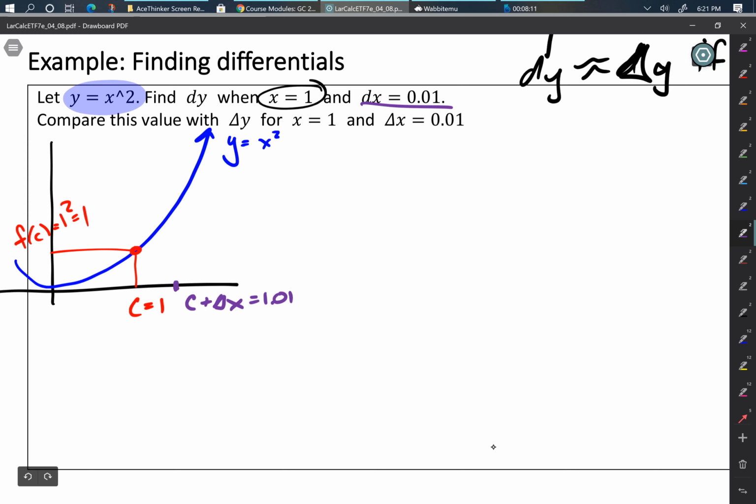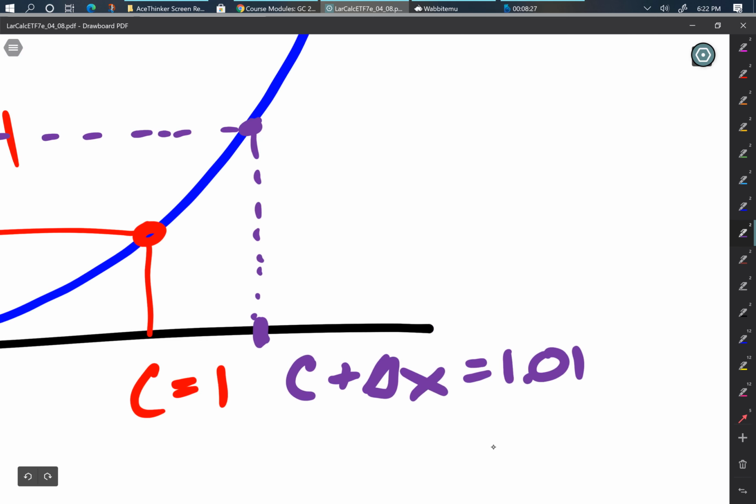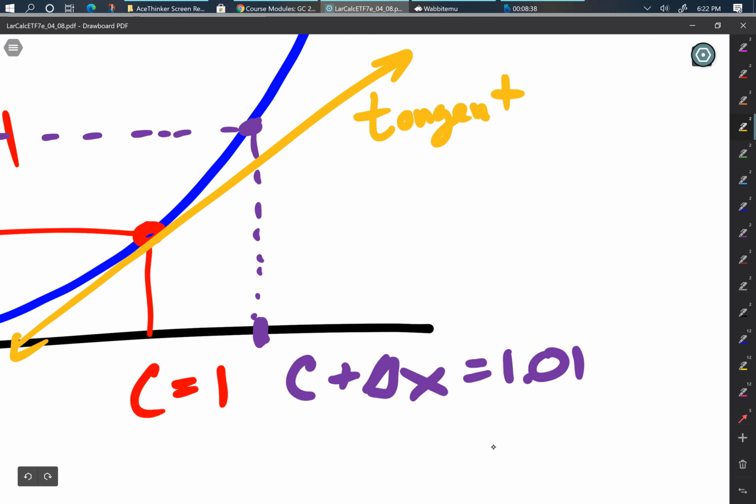This is definitely not to scale, right? Now if I zoom in on this, do you see the triangle that we can make? We can come in here, we can draw in a tangent line.